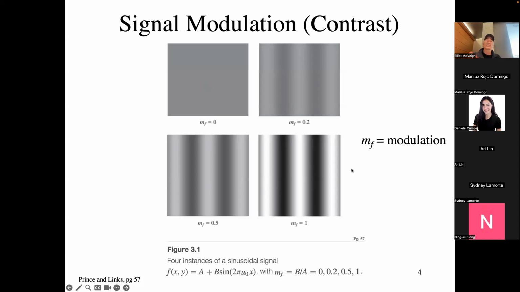But characterizing your imaging system so that you know how it performs on signals like this is actually quite important, because you can characterize any function as a summation of different sinusoids using Fourier theory, right? So any function you have, you can reconstruct that function as a linear summation of different sinusoids with different frequencies.